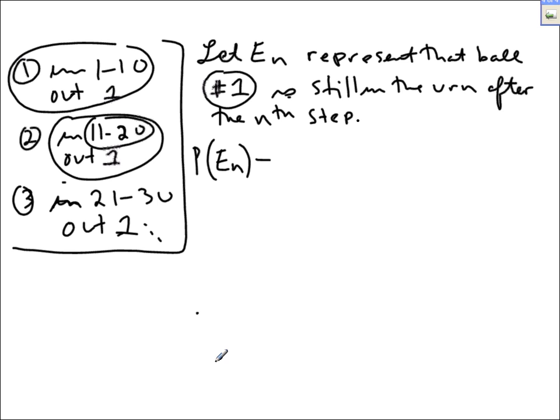Well, initially, right before we take out a ball, there are 10 balls in the urn. And if you don't want to get ball number 1, pick any one of the remaining 9. Okay, now there's 9 balls in there, and step 2 says put in 10 more balls. So now there are 19 balls. And we want to pick everything but ball number 1. So pick one of the remaining 18.